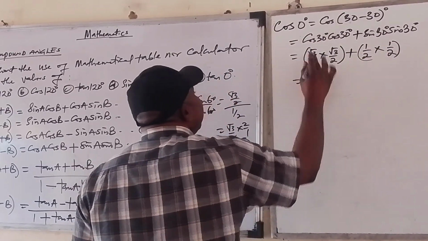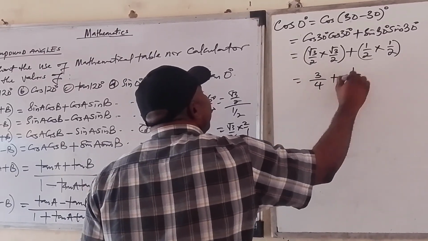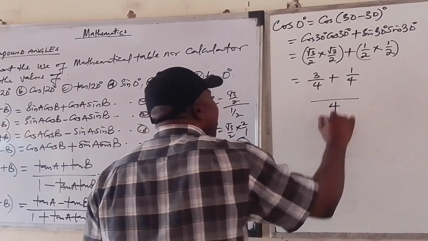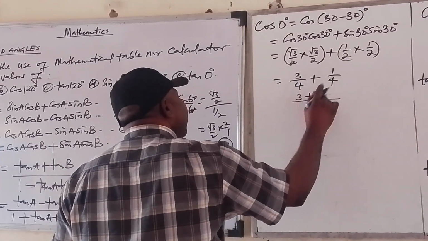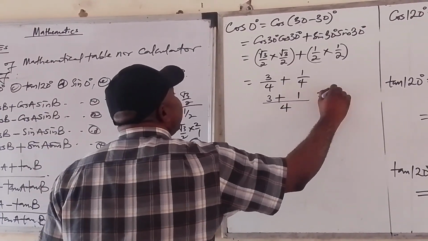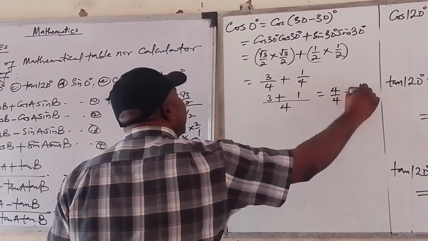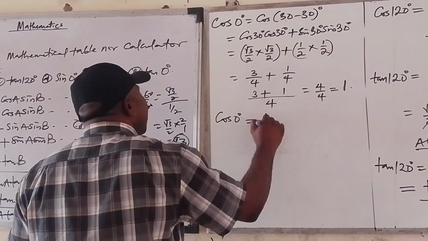So root 3 times root 3 is 3 all over 4 plus 1 over 4. The LCM here is 4. 4 into 4 is 1, 1 times 3 is 3, plus 4 into 4 is 1, 1 times 1 is 1. So that gives us 4 over 4, which is equal to 1. So it means cos 0 degrees is equal to 1.